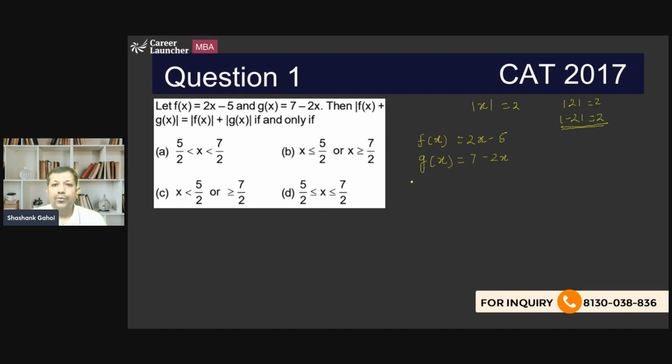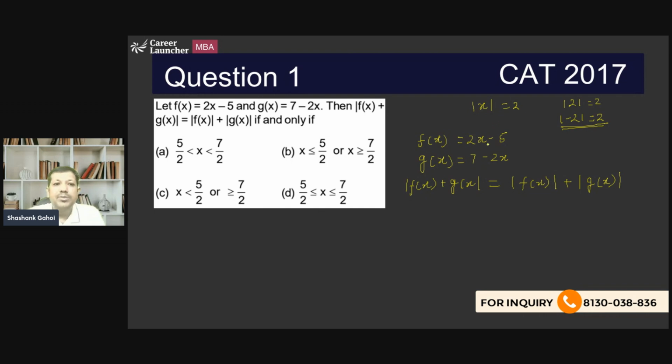Okay. Now what does the question say? Mod of f(x) plus g(x) is equal to mod of f(x) plus mod of g(x). Okay. Now people might think it is going to be true for all values. It may not be, and no one is sure.